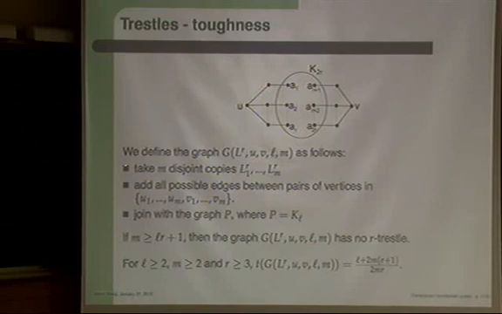And we define a graph with these parameters as follows. We take m copies of this base graph, let's say L1 to Lm, and in each copy we have these special vertices u and v in the original, but in the copies they will be u1 and v1, u2 and v2, and so on.